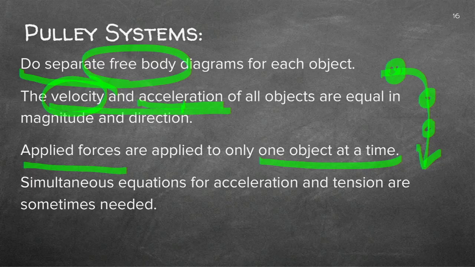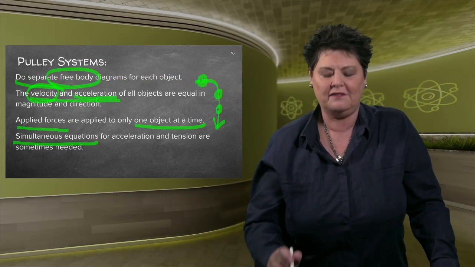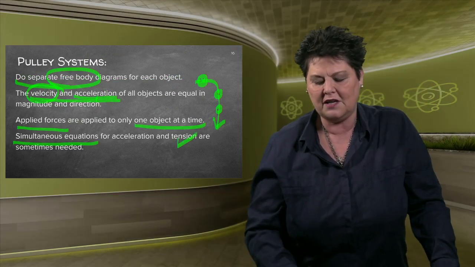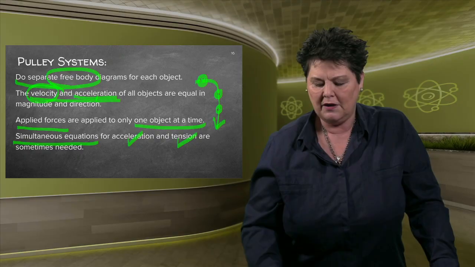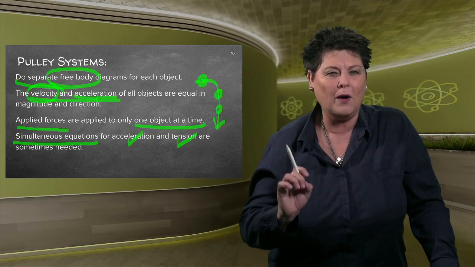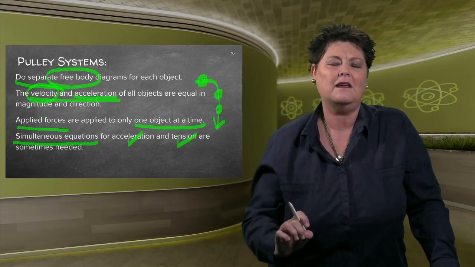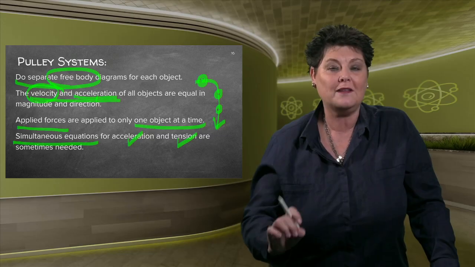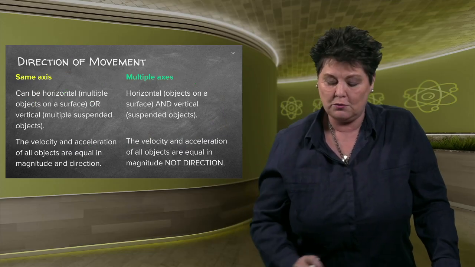I cannot stress that enough. One object at a time. And then finally, when you get the simultaneous equations, you just go and do the math and you'll be able to work out the tension and the acceleration. I really hope that you take this lesson, and if you want to have a look at it again and again, it will make sure that you get most of the marks for this question.